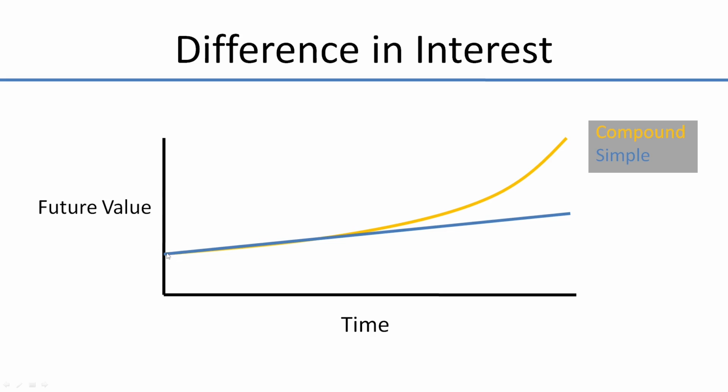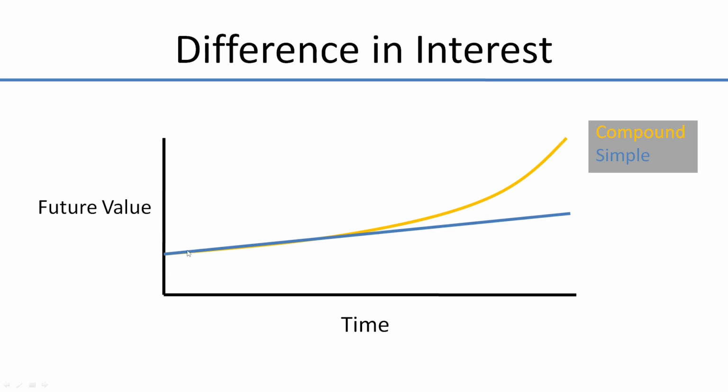And then after the first period, the compounding interest, the yellow line, will actually be higher, because now that interest calculation, that interest rate we're multiplying by, is applied to the previous interest and principal combined together. So that remaining balance plus that interest together. And so over time, the balance is going to be increasing much faster than it would on a simple interest loan. So this is just the point I wanted to make here. There's a difference between compounding interest and simple interest.